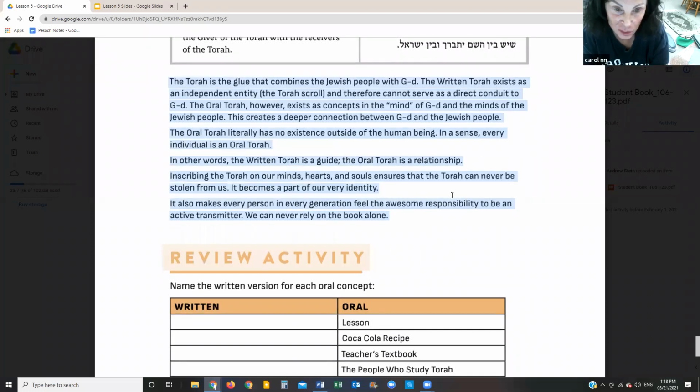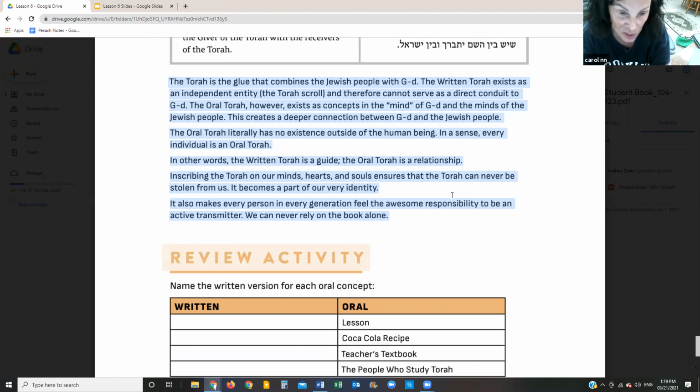The Torah is the glue that combines the Jewish people with God. The written Torah exists as an independent entity, the Torah scroll, and therefore cannot serve as a direct conduit to God. The oral Torah, however, exists as concepts in the mind of God and in the minds of the Jewish people. This creates a deeper connection between God and the Jewish people. The oral Torah literally has no existence outside of the human being. In a sense, every individual is an oral Torah.